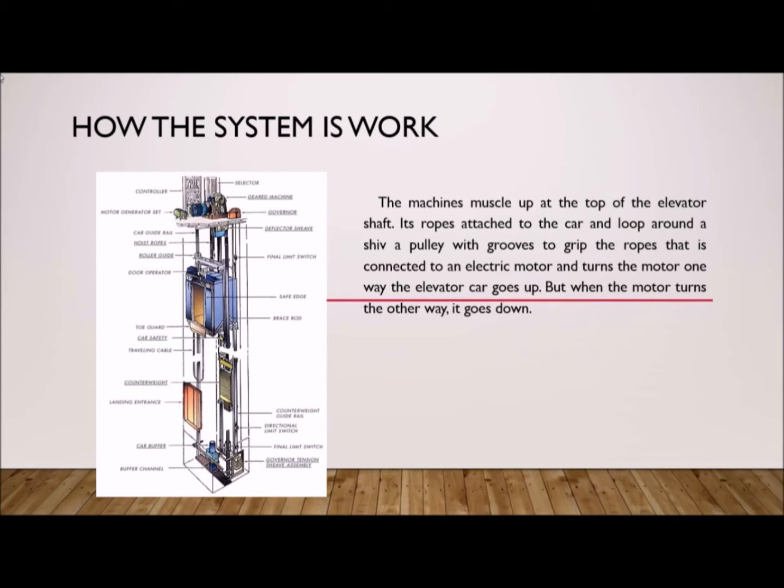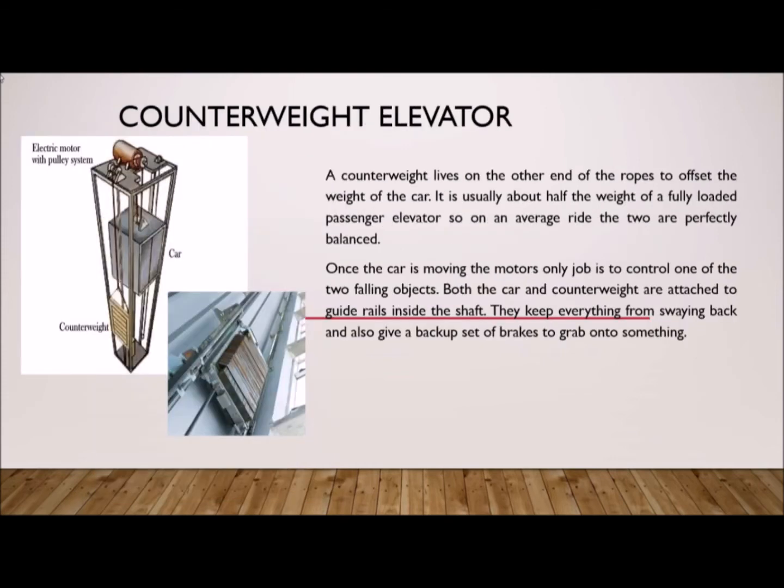That means they have two rotations, clockwise and anti-clockwise rotation. And this is the counterweight of the elevator. Its function, on the other end of the rope, is to offset the weight of the car.